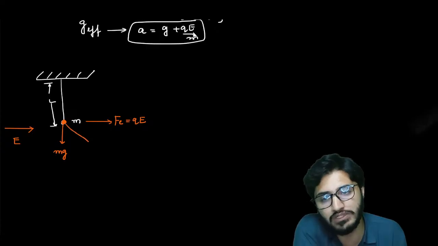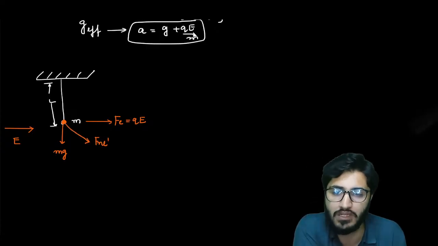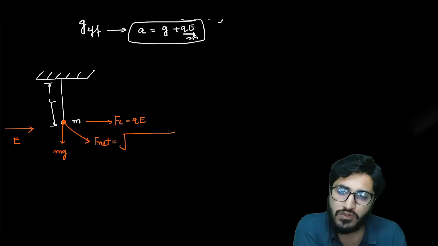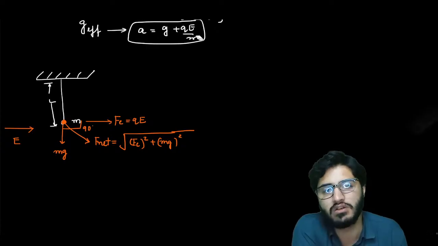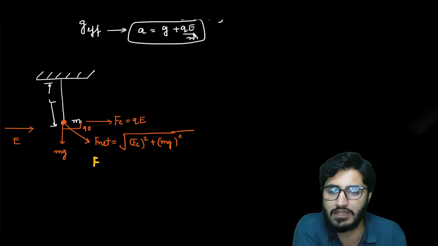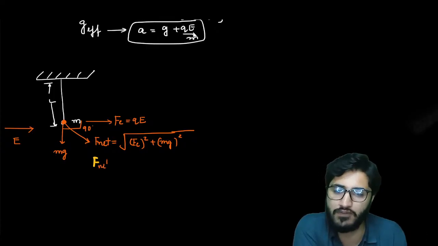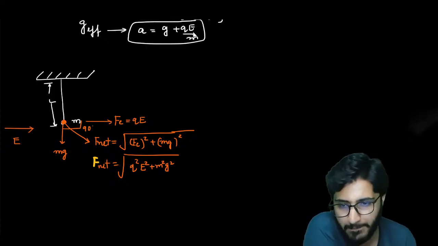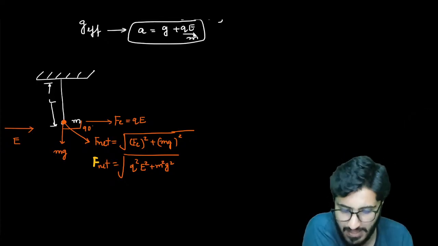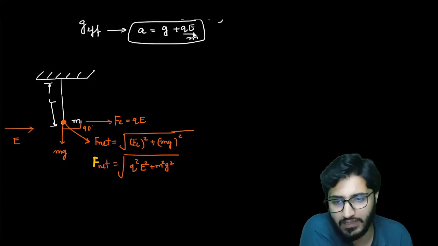So what will be the net force? According to vector addition, the net force will be the square root of Fe squared plus mg squared, as the angle is 90 degrees so we don't need any cross term. So F net equals under root of q squared E squared plus m squared g squared.